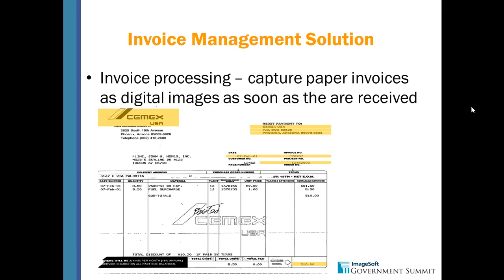Then you're going into BSNA, assuming you've got the PO set up, and you're launching your AP module for BSNA, finding your vendor, for ImageSoft, and then you attach whatever document you just scanned in as your invoice.